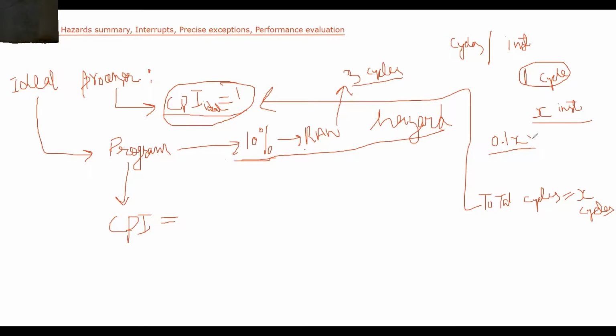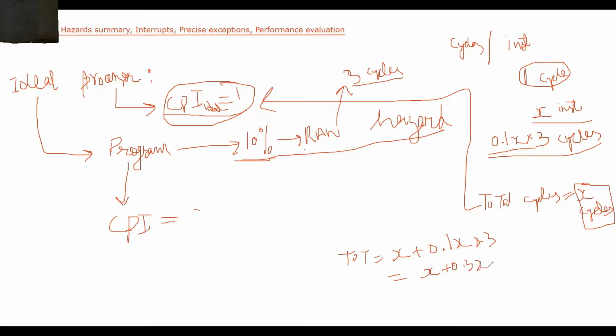So if we multiply by 3, these will be the extra cycles required to run this particular program. Total cycles will be X plus 0.1X into 3, so X plus 0.3X, or 1.3X.